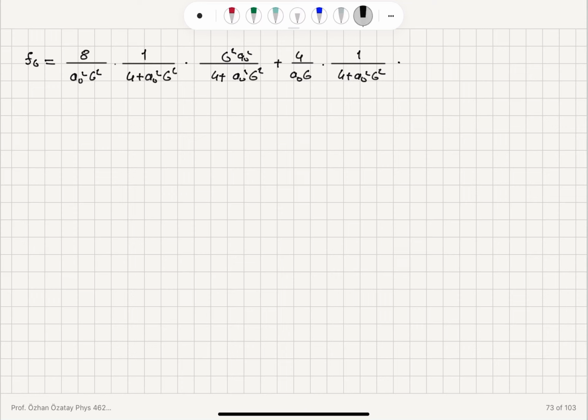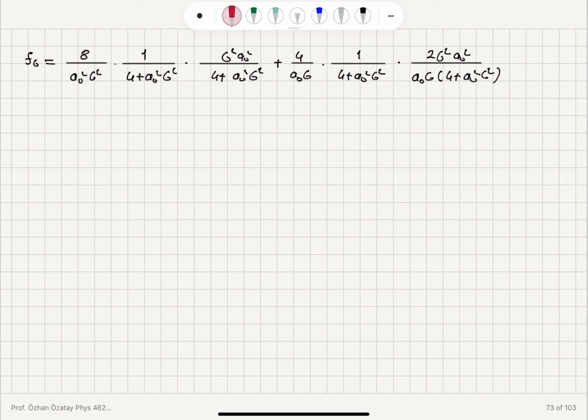So we have 2 g square a0 square over a0g times 4 plus a0 square g square.